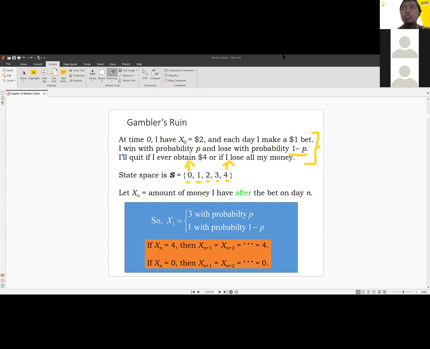One question to you. If I change this statement, obtain becomes 5. Define the state space. You can write in the chat box.